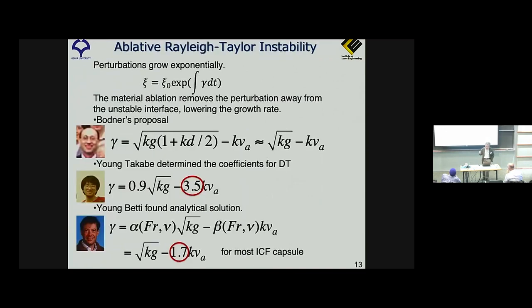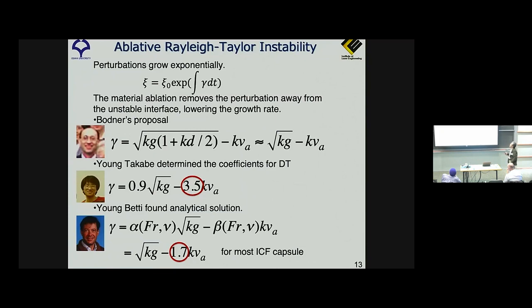The third one, this is the most important and difficult part, the ablative Rayleigh-Taylor instability. If we know the growth rate gamma, then we can easily calculate how much amplification is expected. But the problem was the gamma.